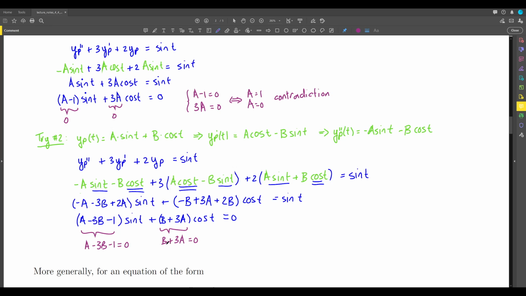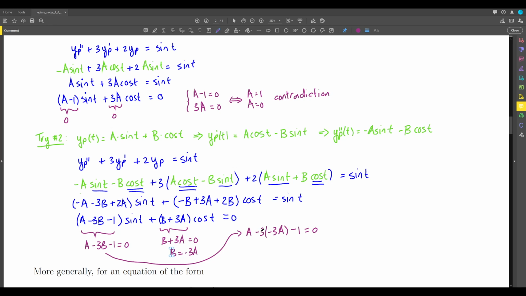So the second equation leads to b equals negative 3a. And if I plug that in here, then this equation gives me a minus 3 times b, which is negative 3a, minus 1 equals 0.